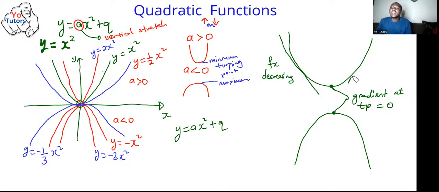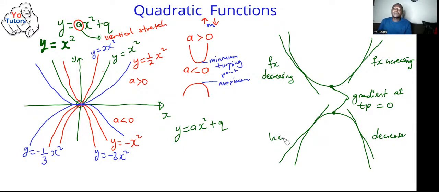And then this part here, from the turning point until infinity, f of x will be increasing. Then here, this has to start with the increase because of the positive gradient. Then here it's also a decrease. So here decrease, here it's increasing.